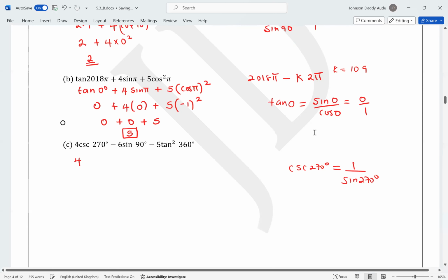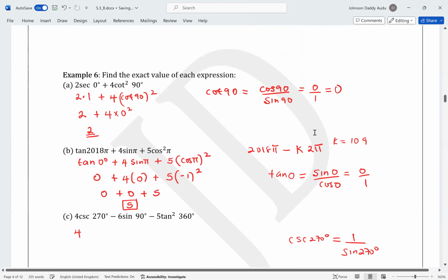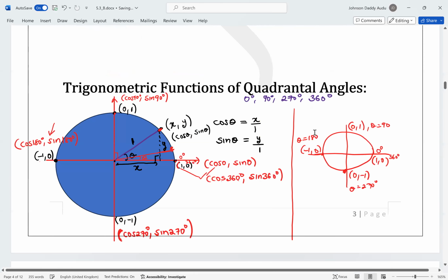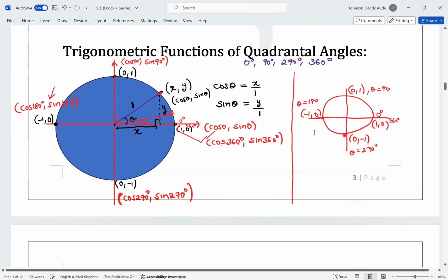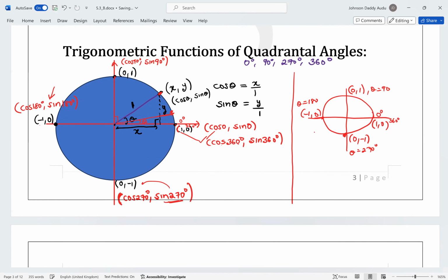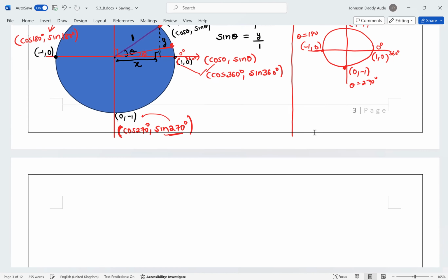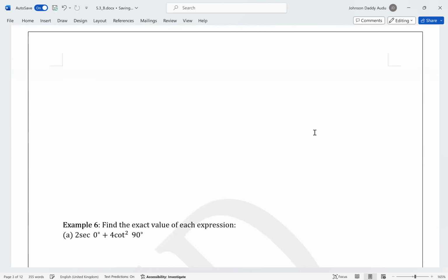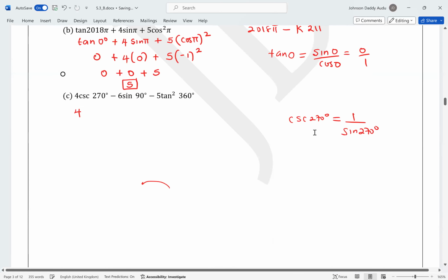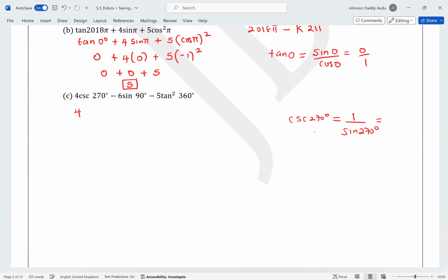We can see from here. Sine 270 degrees is minus 1. So what that means is that this will just be equal to minus 1 as well.